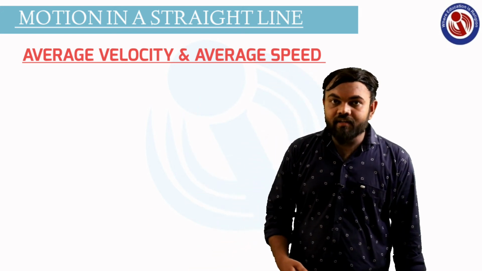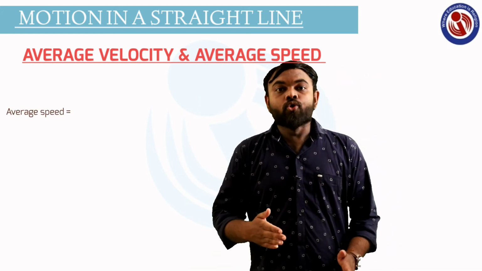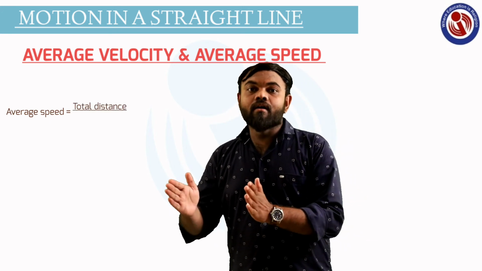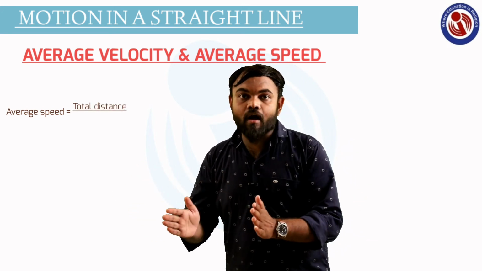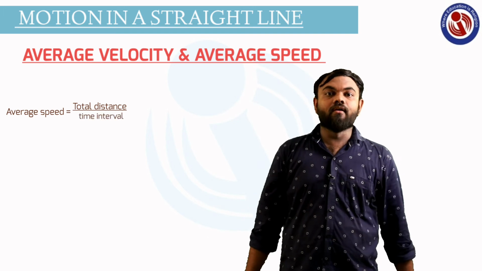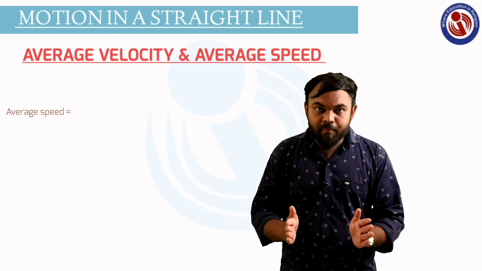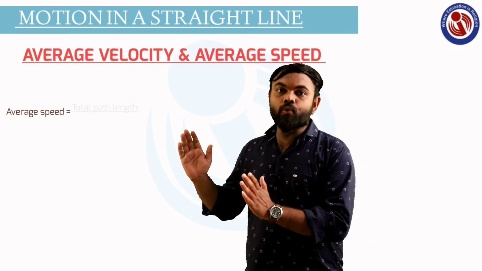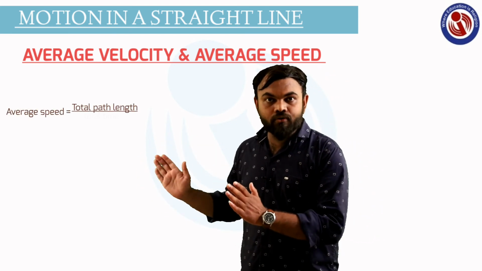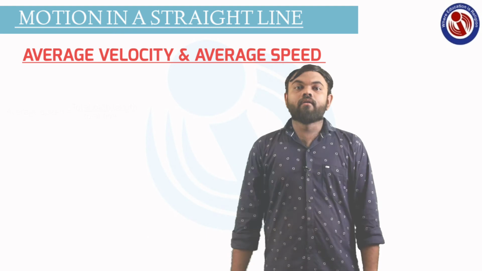What is average speed? Average speed is the total distance covered by the object upon the time interval. In other words, average speed is equal to total path length upon total time.